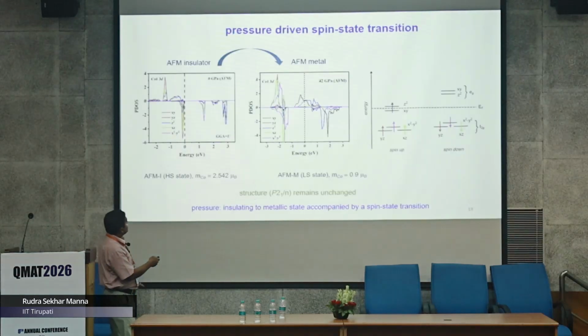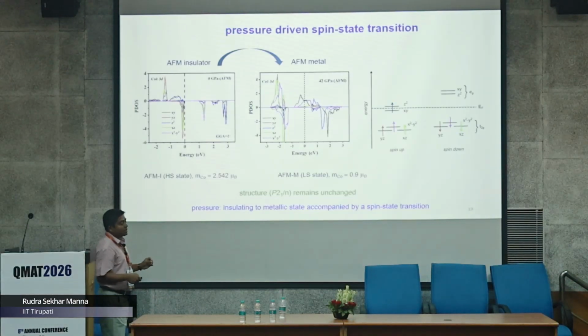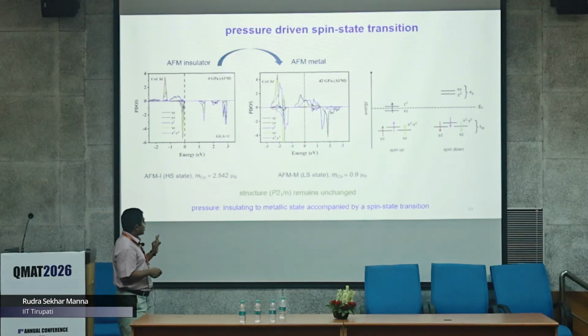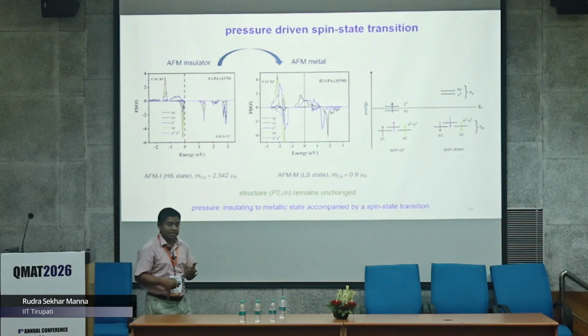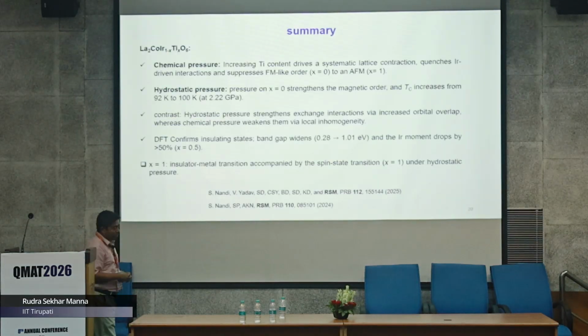If you take the 0 pressure point and the 42 GPa point, where exactly the metal-insulator transition is happening, we found the system goes from insulator to metallic phase, accompanied by a spin state transition. The system goes from a high spin state to a low spin state. And this is some sort of a level diagram, to understand how the system goes to the low spin state.